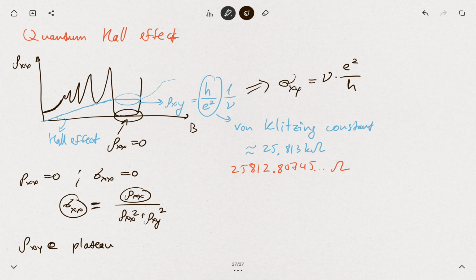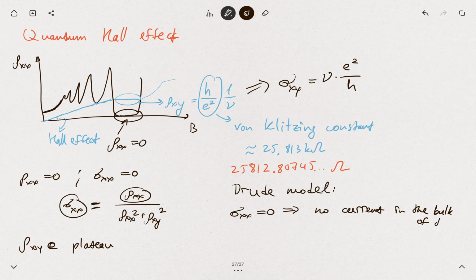All right, so now let's think what it means from a naive picture if we use just a Drude model. So if the sigma xx is 0, that means there is no current in the bulk of the sample.